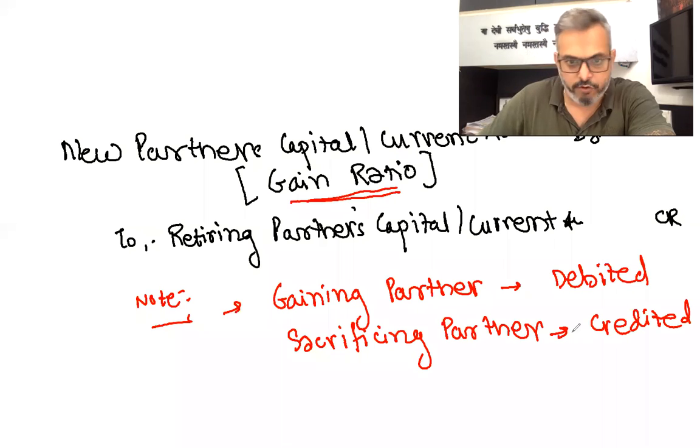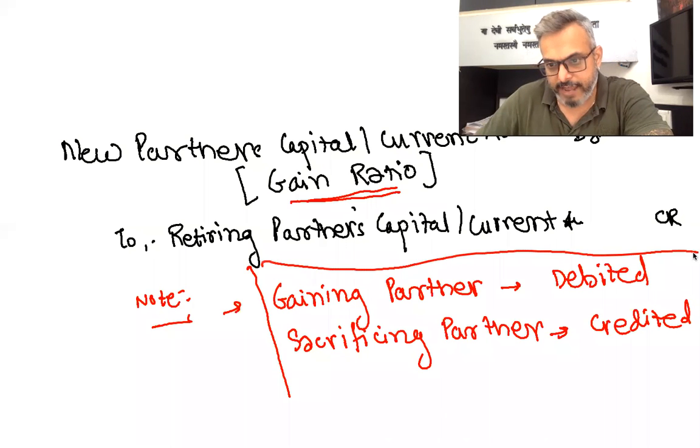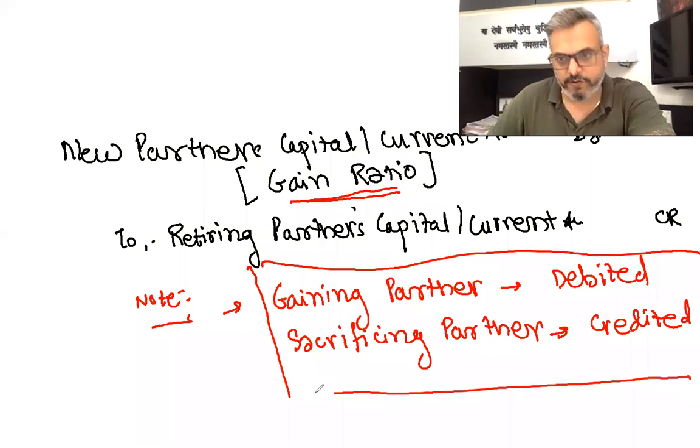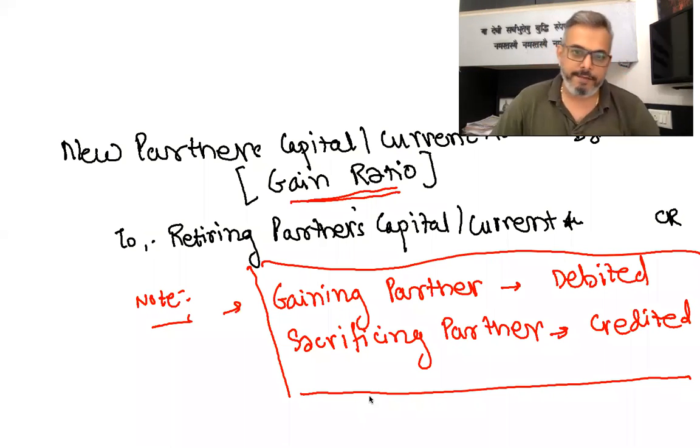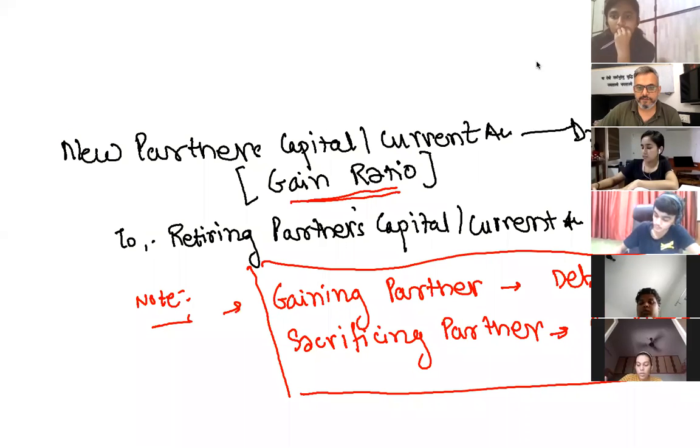Remember this golden rule, whether it is admission or whether it is retirement. Okay, always remember this. गुडविल की एंट्री में जो सैक्रिफाइस करेगा उसको क्रेडिट करेंगे, और जो गेन करेगा उसको डेबिट करेंगे. खास ये ध्यान रखना. प्लीज राइट दिस.